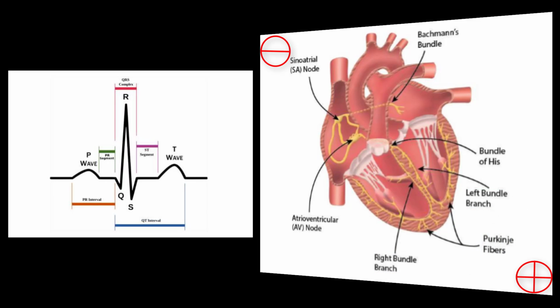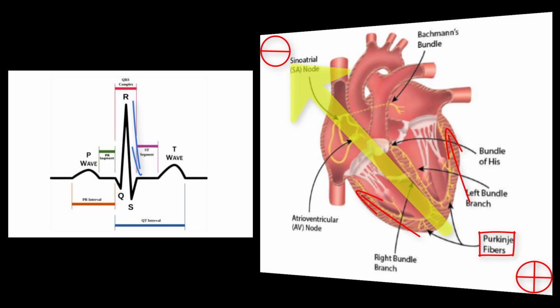Now once the signal hits the apex of the heart, it will travel up the walls of the ventricles through Purkinje fibers, definitely one of my favorite words, heading directly back towards a negative lead. What type of deflection will we see if it's heading back towards a negative lead?